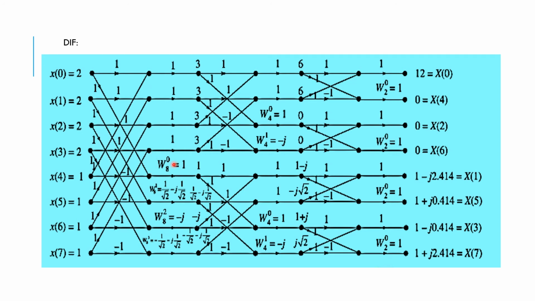It is 2. Now what about this point? Here it has been dropped. Look at this point. It is 1, and a -1 is there. So multiplying it by -1, 2 minus 1 becomes 1. After that only we are multiplying it with the twiddle factor, so you should not forget it.